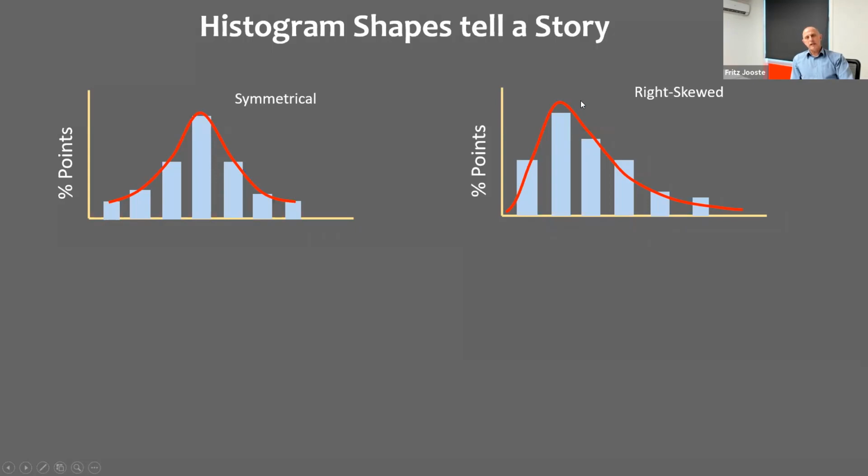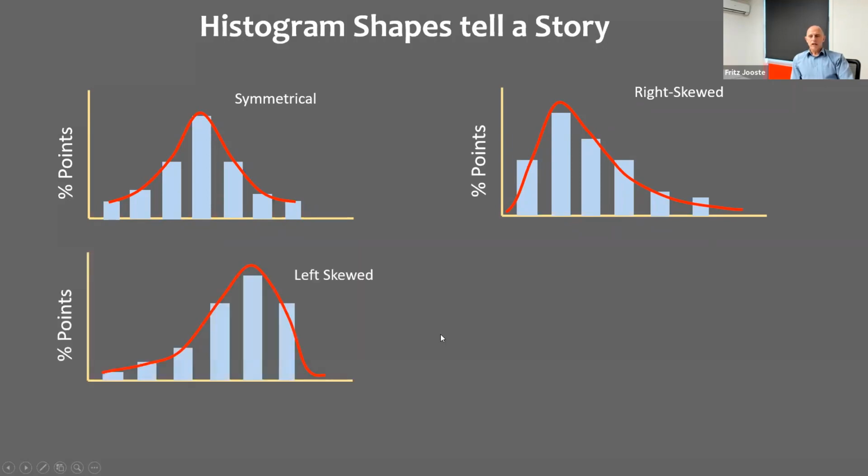Then your median would be a little bit to the right. And finally, the mean value is going to be affected by these very high values over here, and that's going to pull the mean even more to the right. You can always also find a left skew distribution. In that case, these central tendency indicators would be the opposite way around.